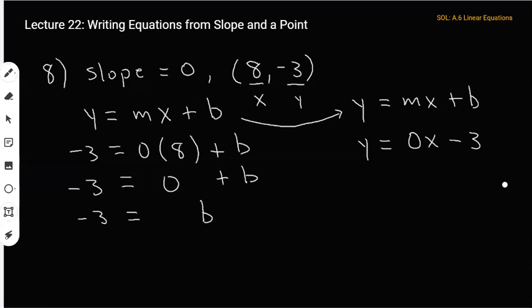Since I'm multiplying x by 0, I should get 0 for that. So I'm going to replace the 0x with a 0, and then 0 minus 3 is going to give me -3. And that's my answer. y equals -3.